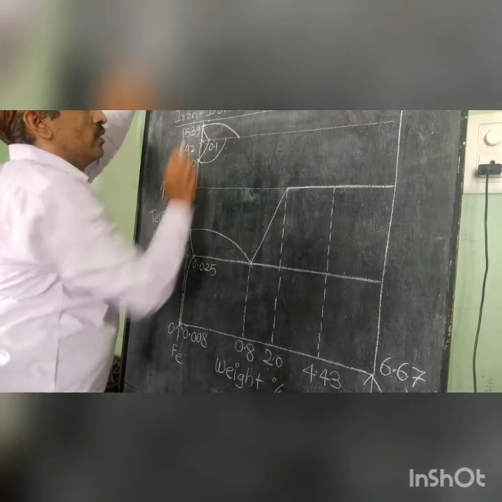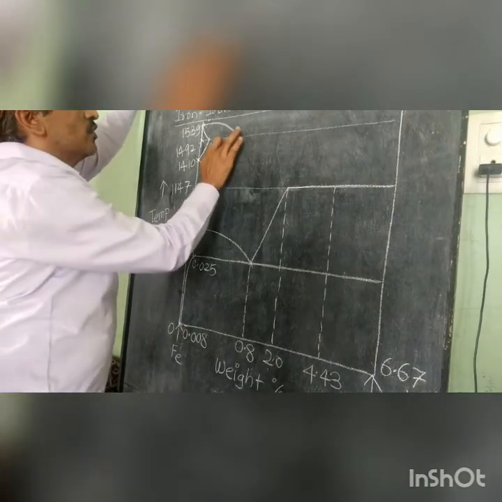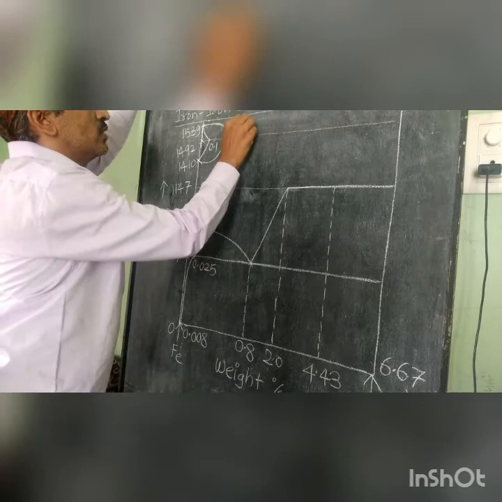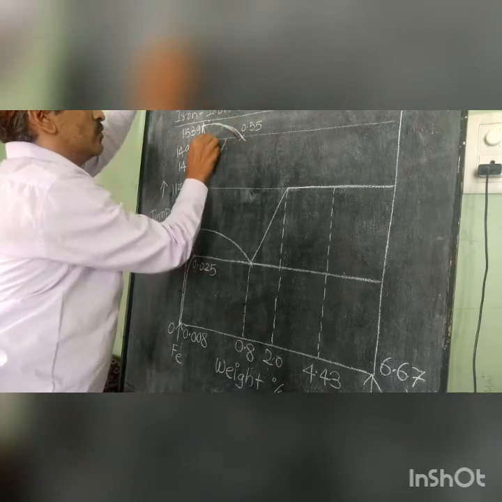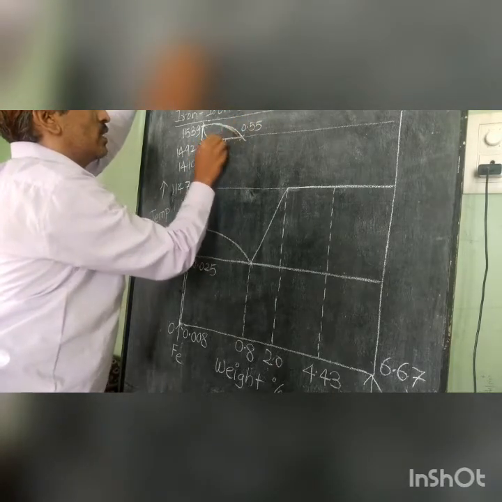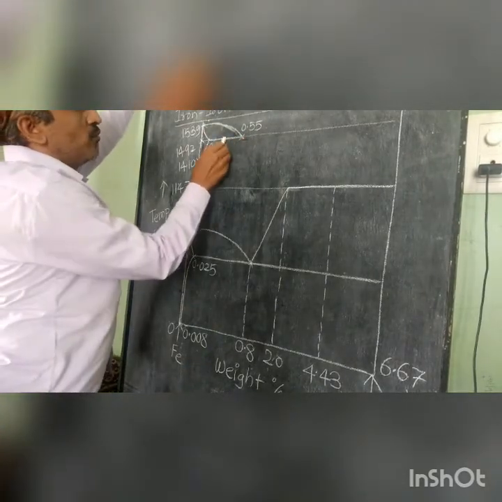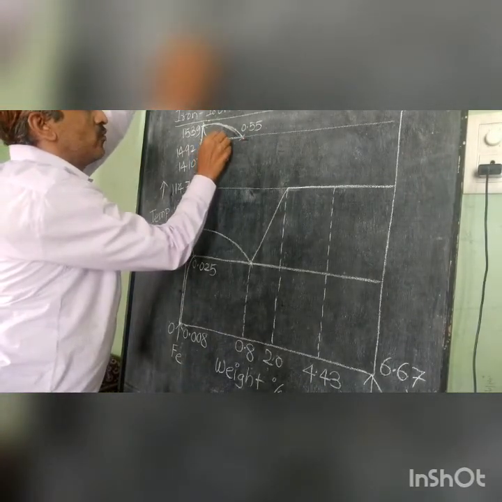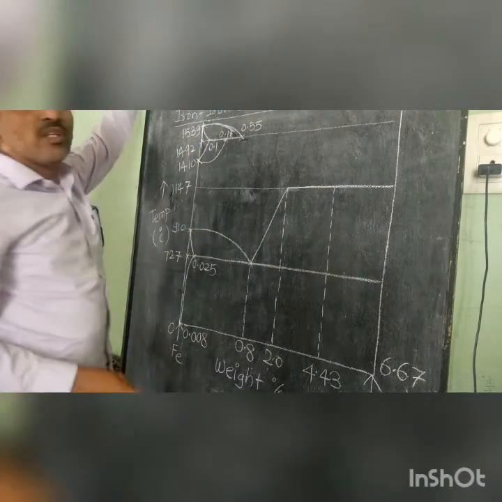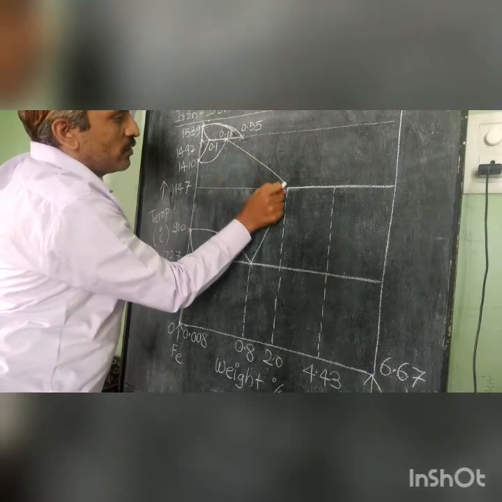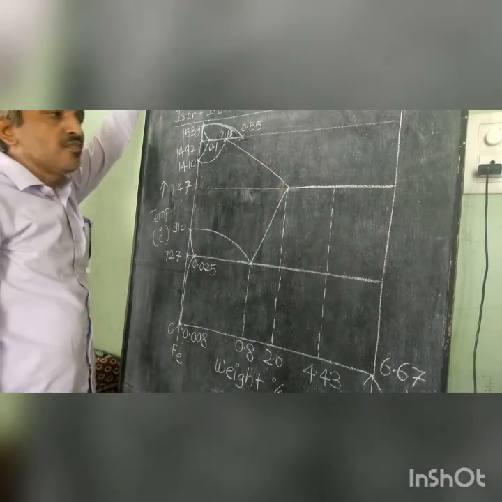Next, from 1410 you join this one, and from 1539 you start, and you can have this point. This point can be 0.55% carbon. This is a dark line or full line, we may say. Now this point is 0.18% carbon. If you remember, join this point with 2% carbon at 1147 degrees Celsius.